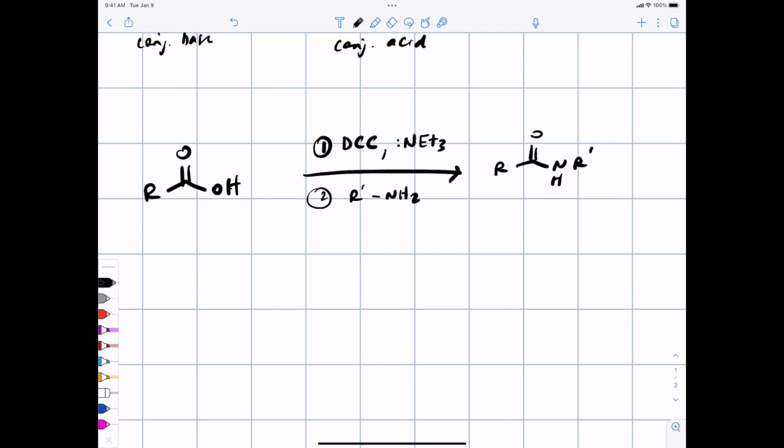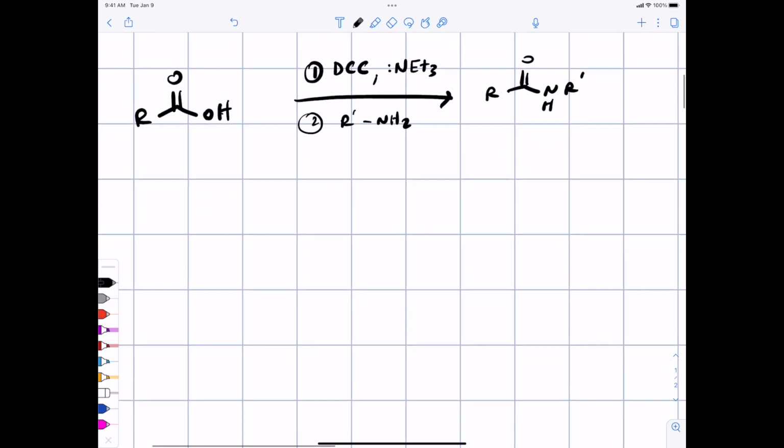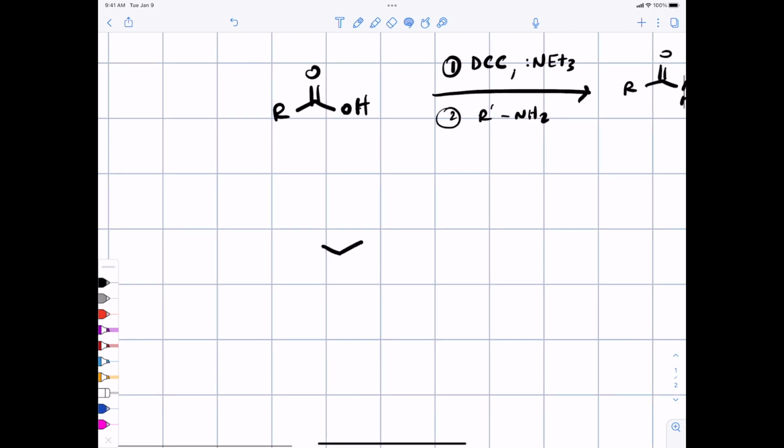Okay? Now, that's all well and good, but we're making amide bonds involving amino acids. And so we've got a selectivity problem here, because the molecule that has your carboxylic acid in it also comes preloaded with an amino group.